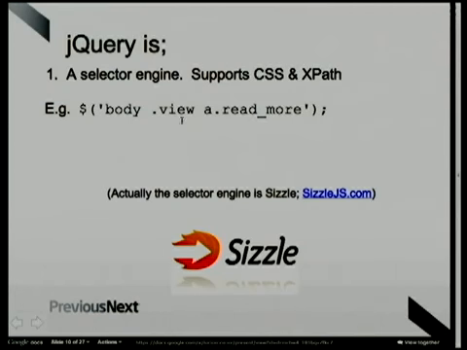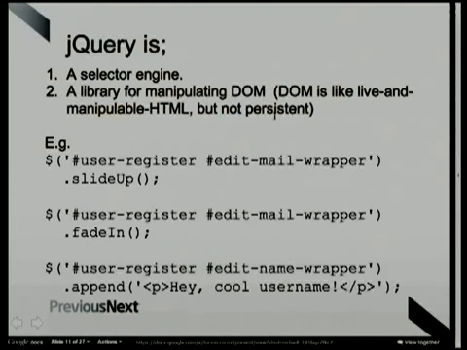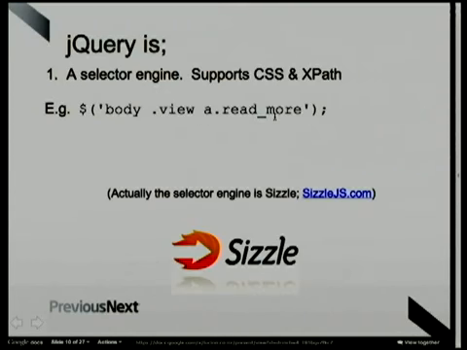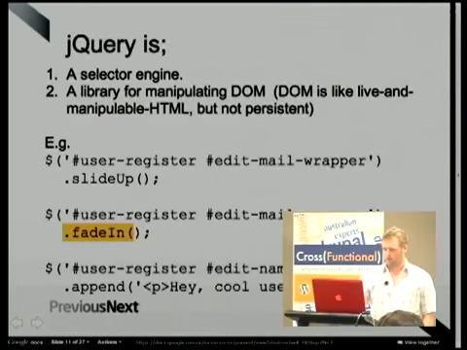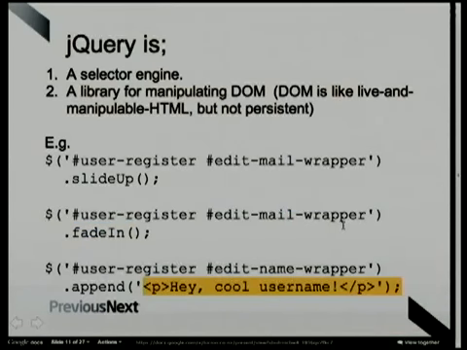So this snippet of jQuery code here is basically that first part of jQuery, the selector. It'll find an element on the page, and then after we found it, we can do things with it. For example, we can make the element slide up out of sight or fade in to the page and appear. Or we can append some more stuff, some more markup to the inside of that element.